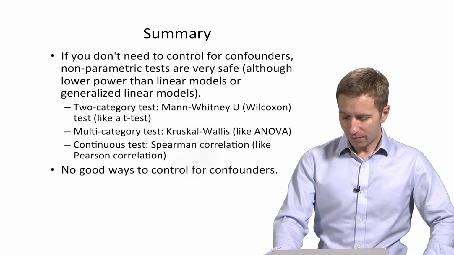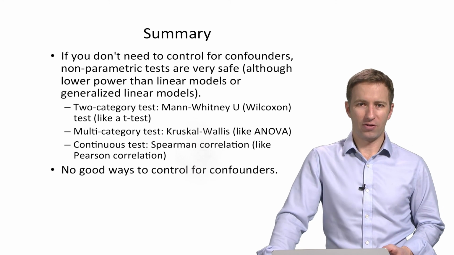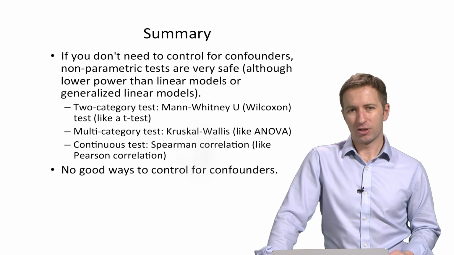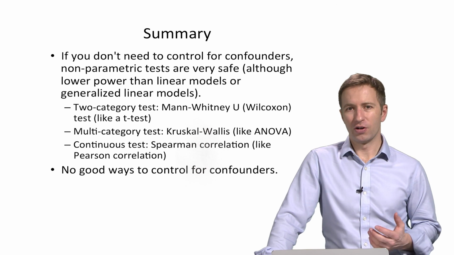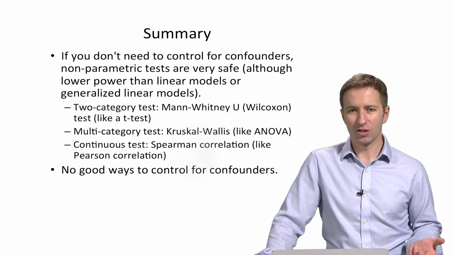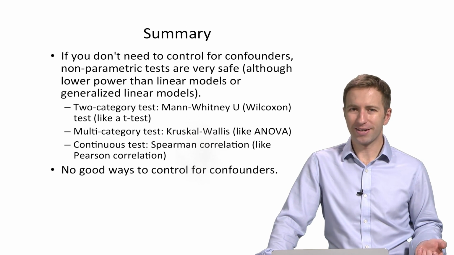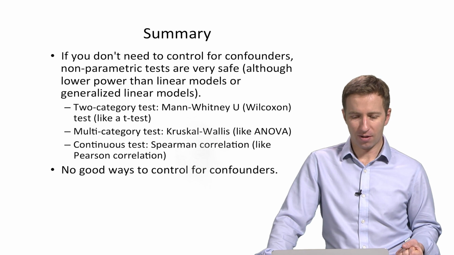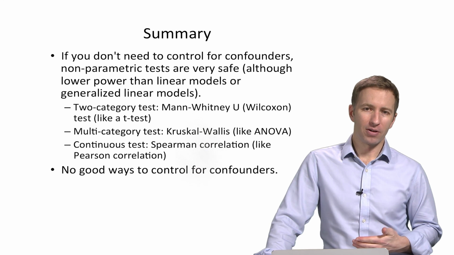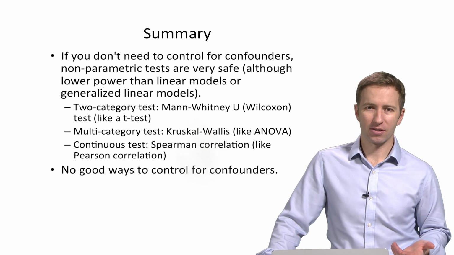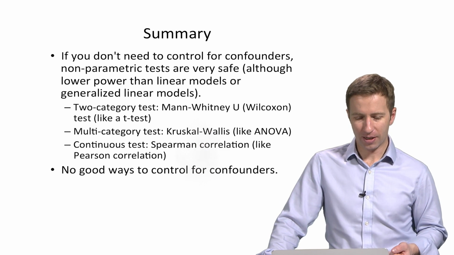And then finally, if you don't need to control for confounders, nonparametric tests are a very nice alternative. They're very reliable, they're very safe, they don't have any assumptions about the underlying distribution, so nobody can complain about your p-values. But they have lower power than the parametric tests that we've talked about.